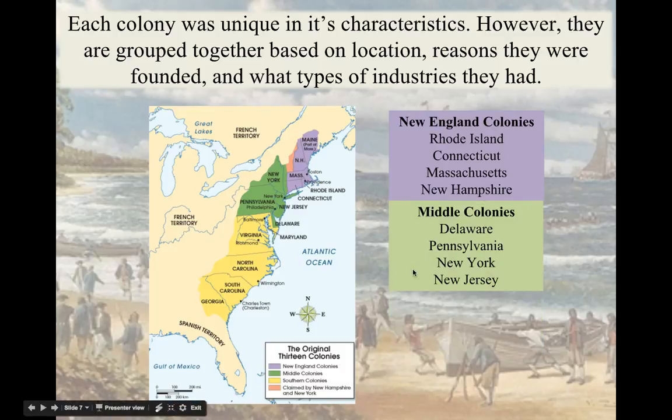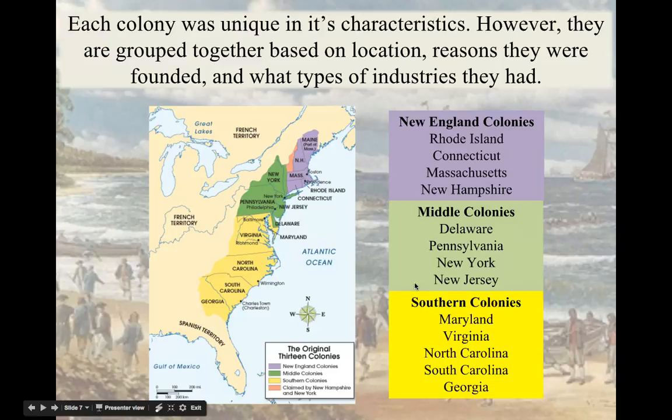The middle colonies, over here in the green, consisted of Delaware, Pennsylvania, New York, and New Jersey. Southern colonies were Maryland, Virginia, North Carolina, South Carolina, and Georgia. And that's represented in the yellow colonies.